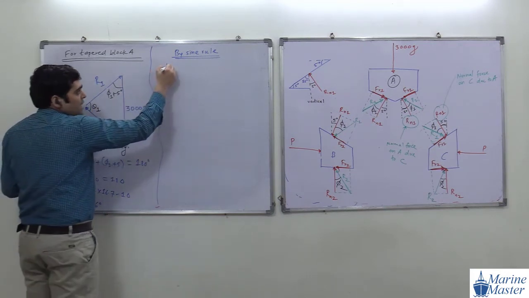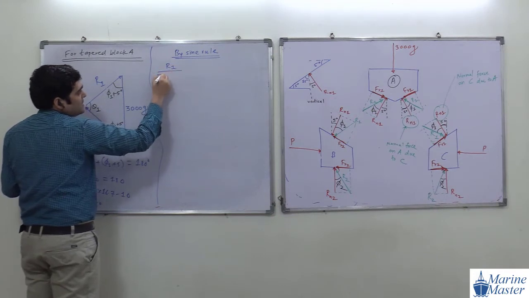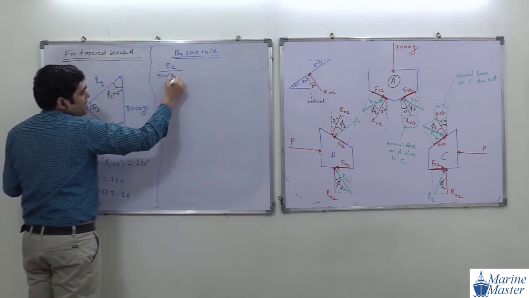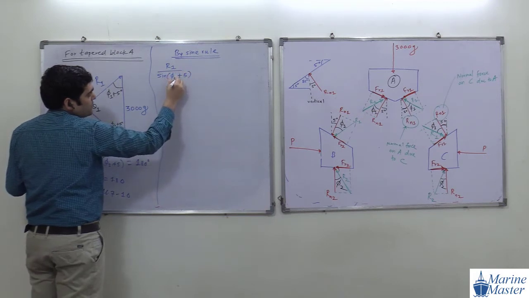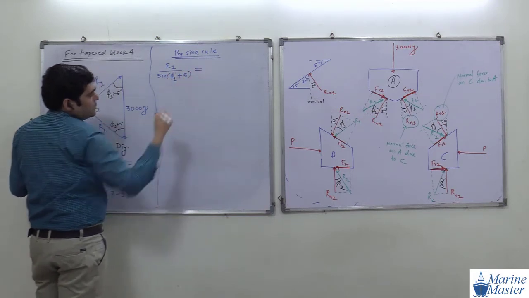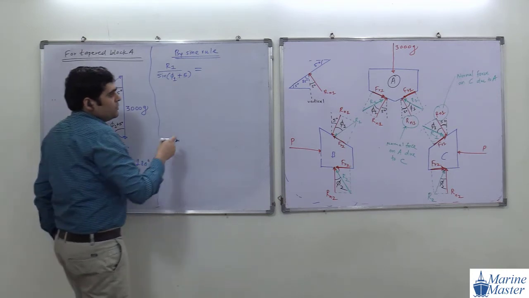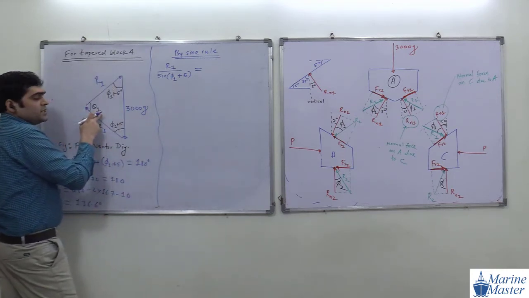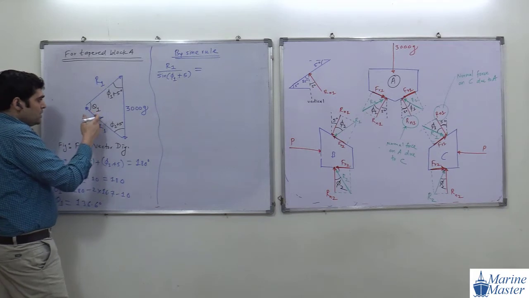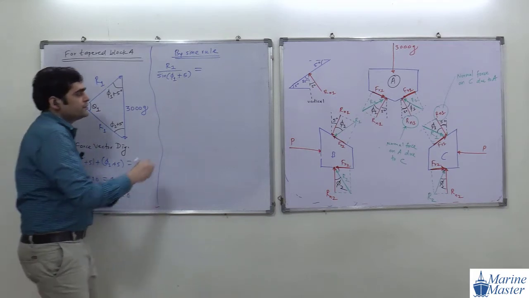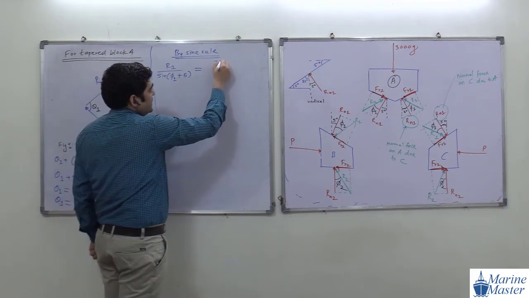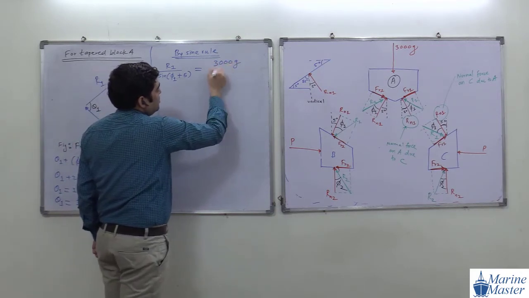So R1 divided by sine of phi 1 plus 5 is equal to 3000 G divided by sine of theta 1, since G's opposite is theta 1, and we just calculated 136.6.